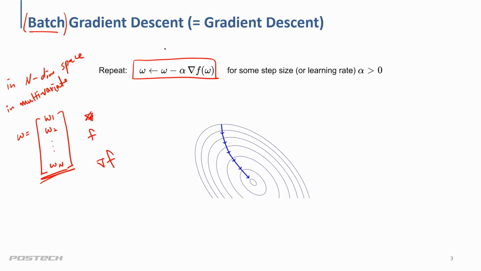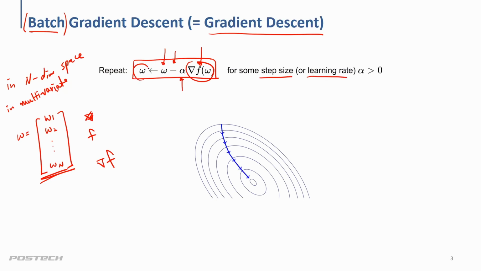What gradient descent means is that we repeat and keep updating omega, starting from an initial omega, and compute the gradient, which gives the direction of the slope. We move in the opposite direction with alpha, the step size, or you can think of it as the learning rate.